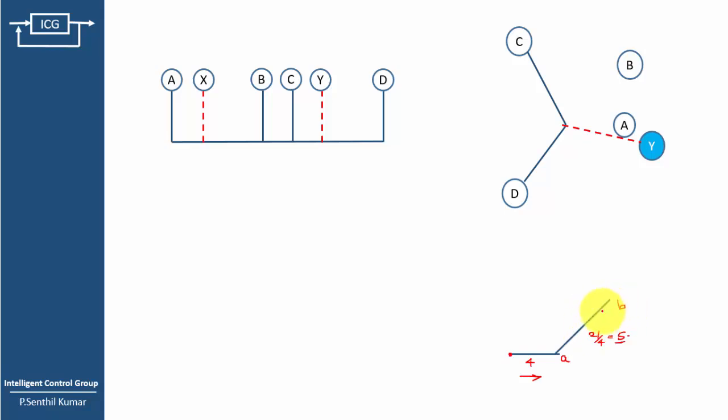So this is B. Next, B to C. We will mark this parameter 24. So 24 divided by 4, 6. So we will mark point C here. Direction as it is. Next, D. So D direction 16 divided by 4, so we will mark 4 here.